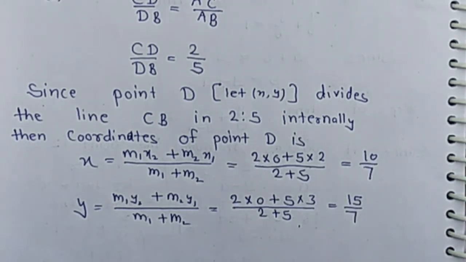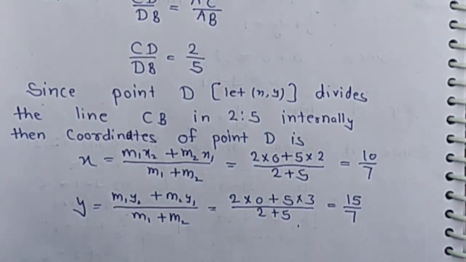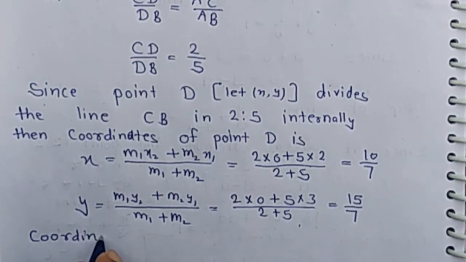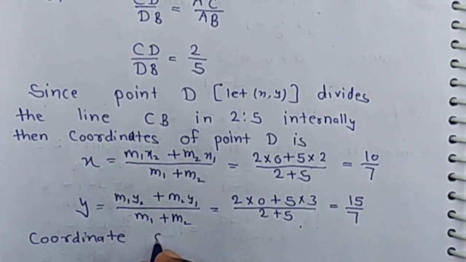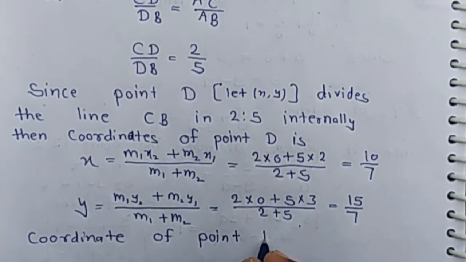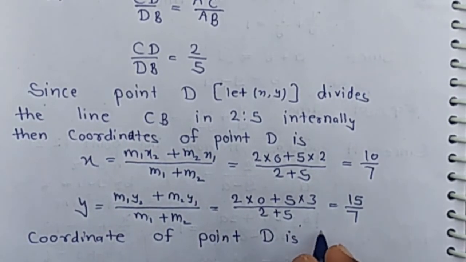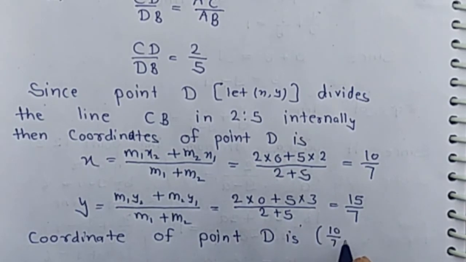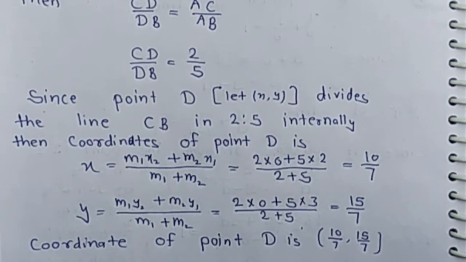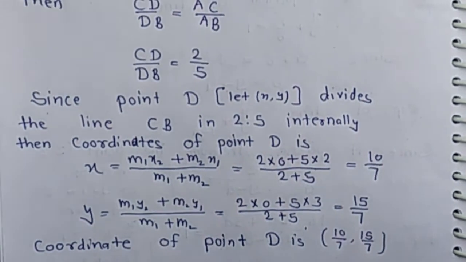Now the coordinates of point D are (10/7, 15/7), and we have to find the equation of AD.